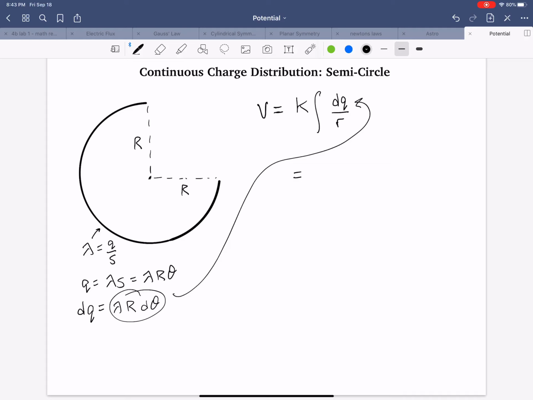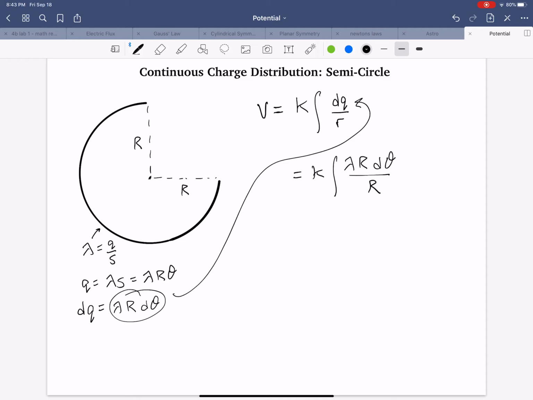And we get k times the integral of lambda r d theta over, now we can make that a capital R. And what are our limits? Well, it looks like it's pretty much 0 to 3 pi over 2. To keep it general, if this was some random angle that you might not know, you just leave it as 0 to theta.